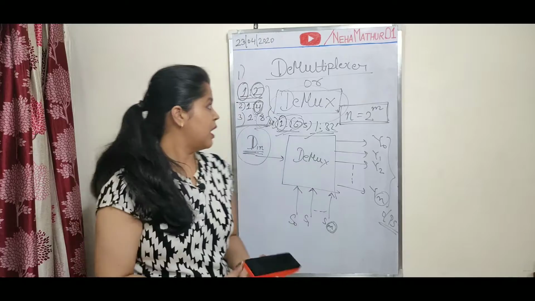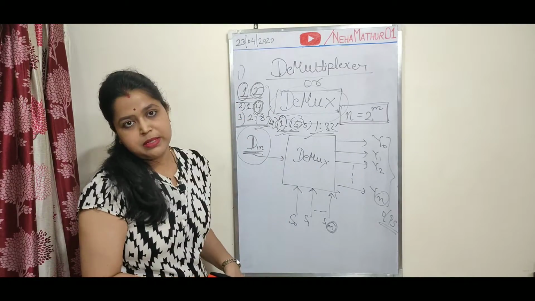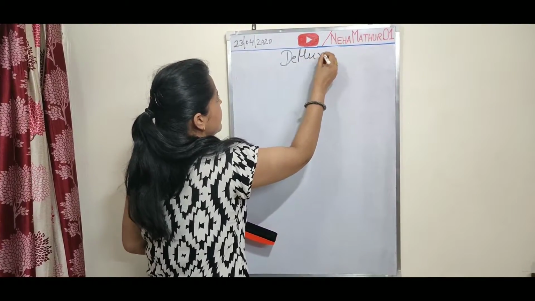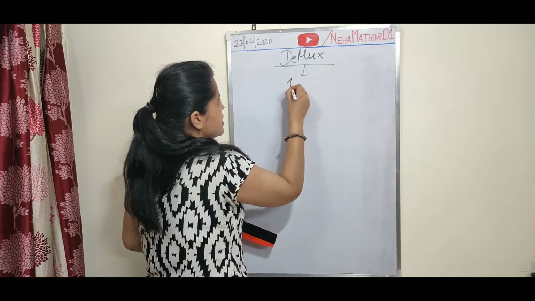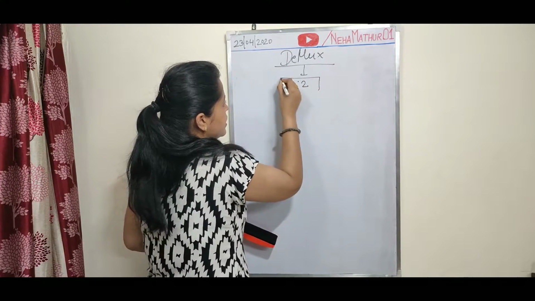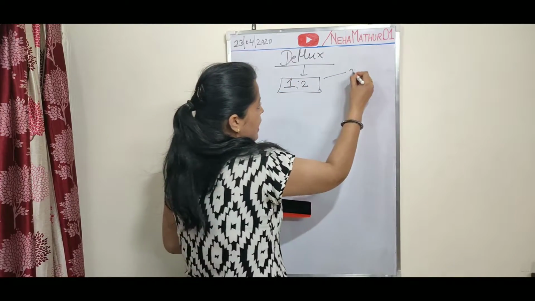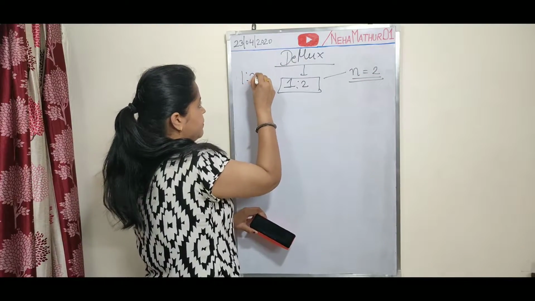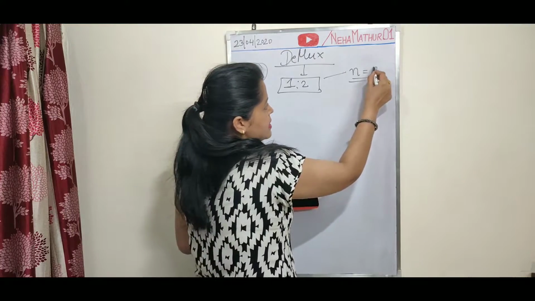So now I will start with 1:2 demultiplexer. I am writing DMUX for demultiplexer, and the first category is 1:2. That means 1:n, and n is equal to 2.